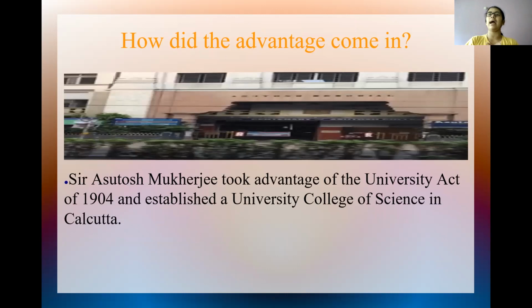This University Act said that you can set up institutes in any part of India, the Indian subcontinent, and that included Pakistan as well as of today's time. Since Pakistan is celebrating one day before us, and we are celebrating it today, so I hope you will find this very relevant. And he established a University College of Science in Calcutta.